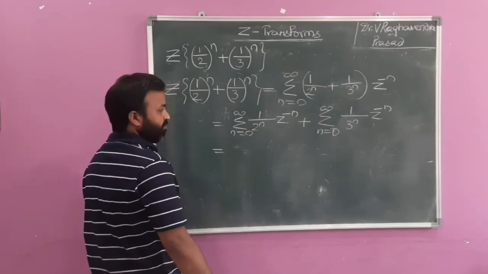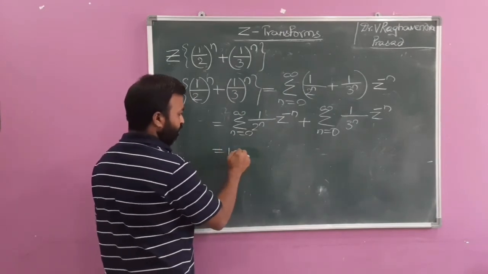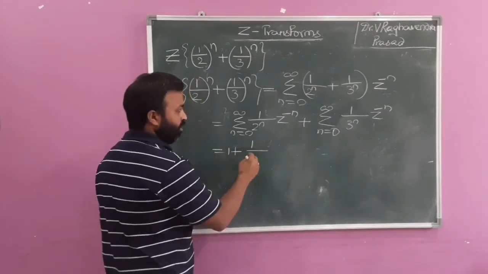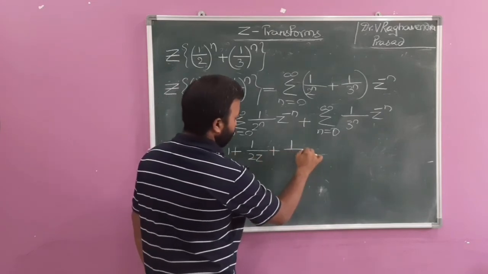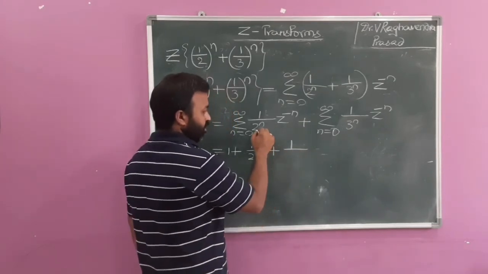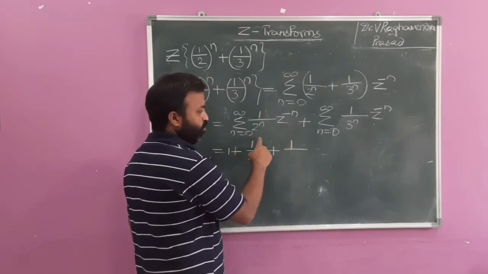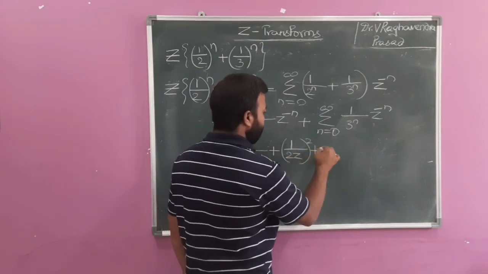On expanding the summation, for n equal to 0, we have 1, for n equal to 1, we have 1 by 2z, for n equal to 2, 1 by 2z whole square, for n equal to 3 and so on.